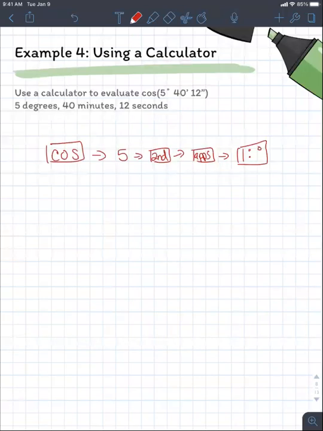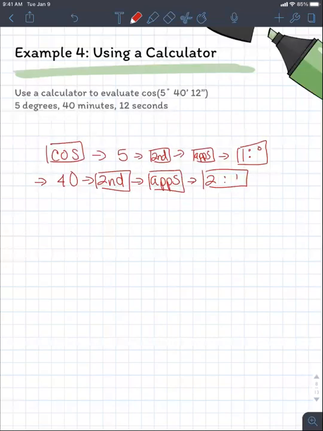Then we're going to type in 40. Then we're going to type in the second button again. Then apps again. And we're going to go down to option 2, which is an apostrophe, but we're going to call it minutes.